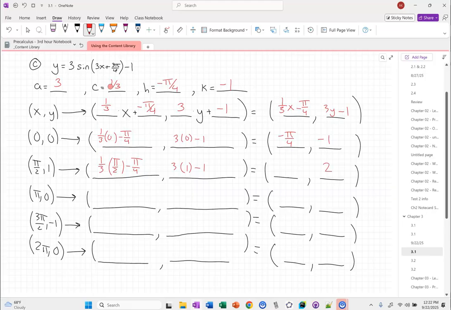Pi over 6 minus pi over 4. It's gonna be 12s, that's 2 12s minus 3 12s.